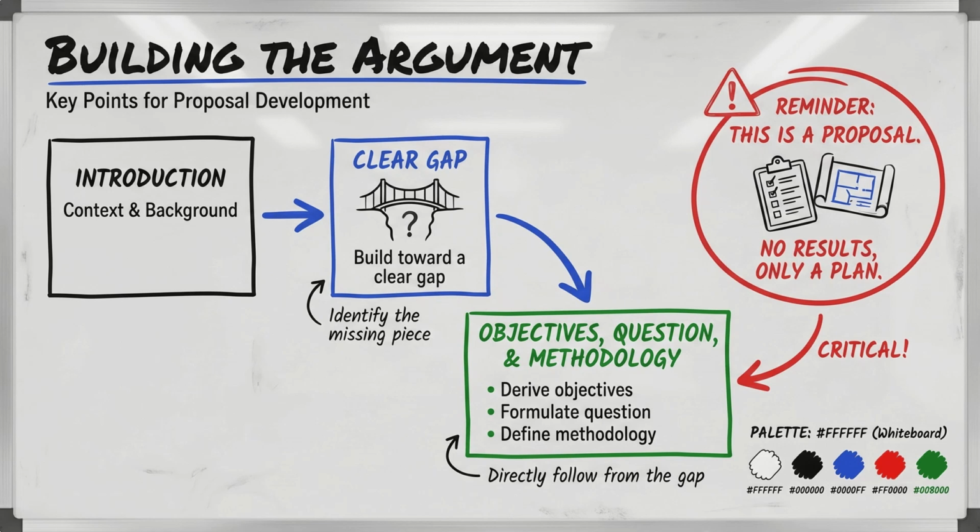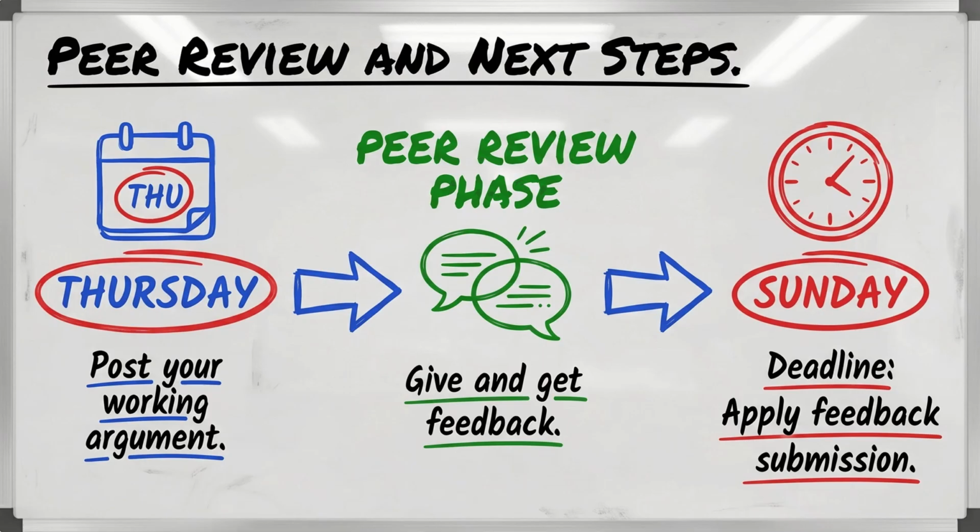Now, let's discuss how peer review fits into this critical process. This week, your discussion board isn't just a forum, it's your dedicated peer review session. You'll post your working argument, your sentence outline by Thursday. This gives your classmates ample time to review it thoroughly. Then you'll actively engage in giving and receiving constructive feedback.